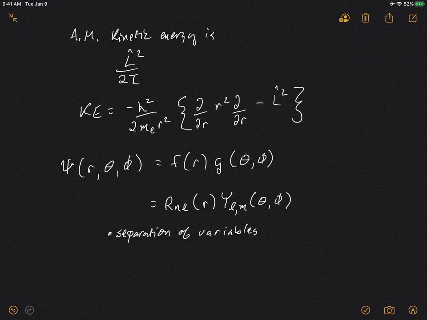And again, these Y_lm are the Legendre polynomials or the spherical harmonics, and we've seen what a few of those look like. It's some function of theta involving sines and cosines, and then there's a factor of a complex exponential e to the i m phi.